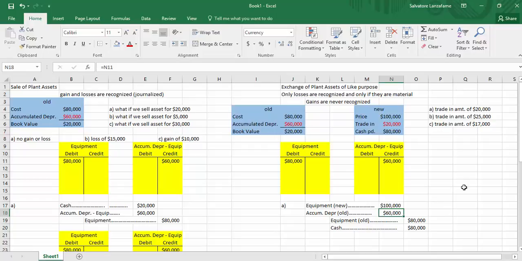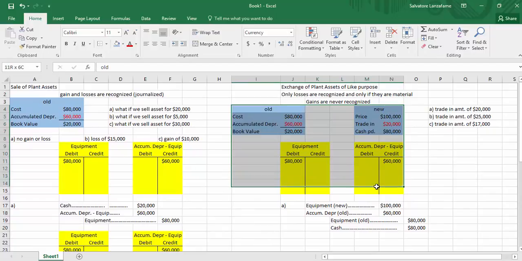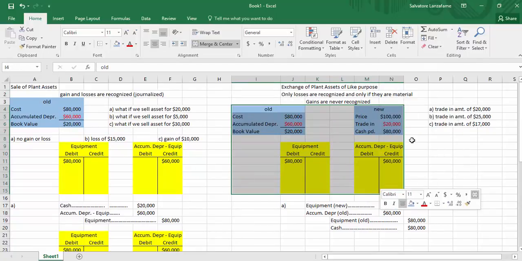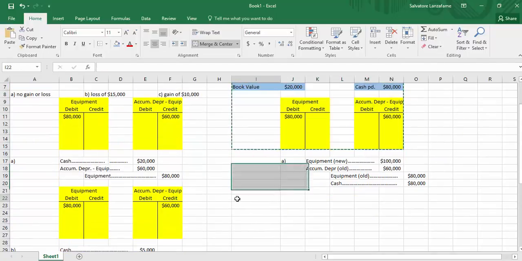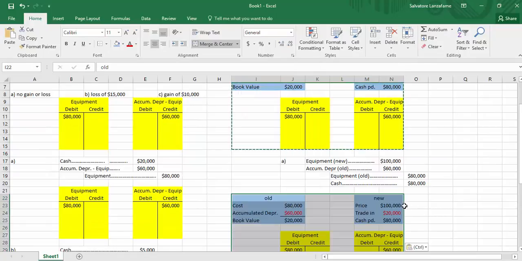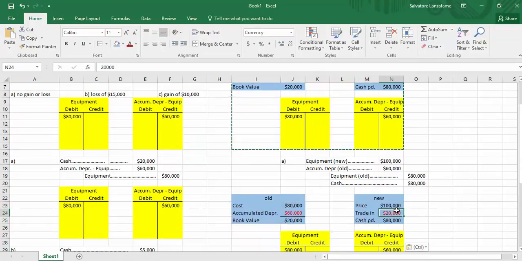So now let's look at scenario B. Scenario B, we traded in this old equipment, but this time we got 25,000 for our old stuff. So let me recopy this. I'm going to bring this down here. And I'm going to change this number to 25,000.